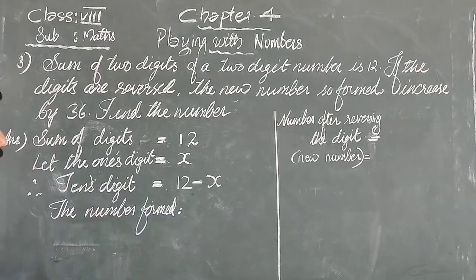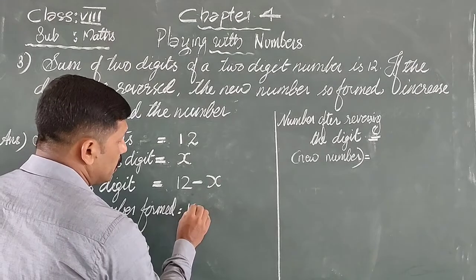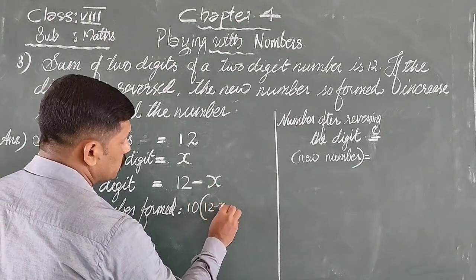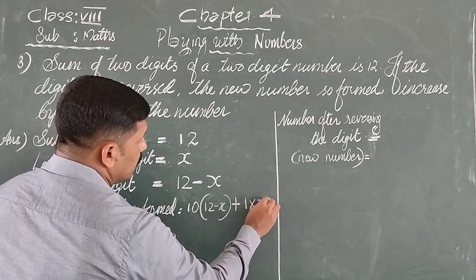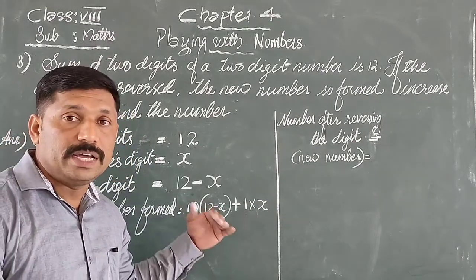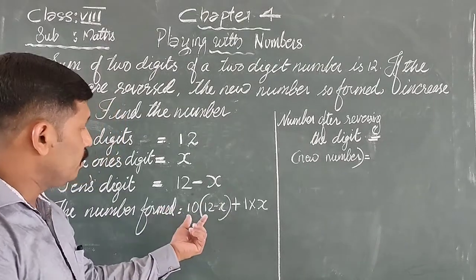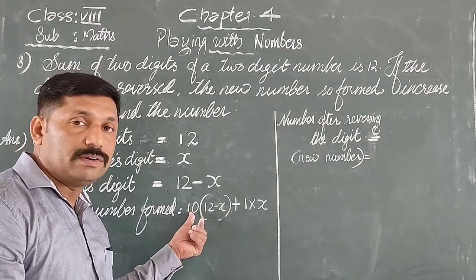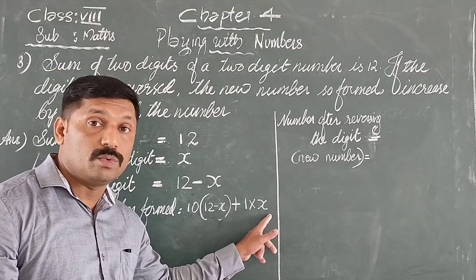So the number is equal to the tens digit multiplied by 10, that is 10 into (12 minus x), plus 1 into x. Here we are writing that number in generalized form. In the beginning of this chapter, we studied how to write numbers in generalized form. So the tens digit we multiply with its place value 10, plus the ones digit multiplied with its place value 1.